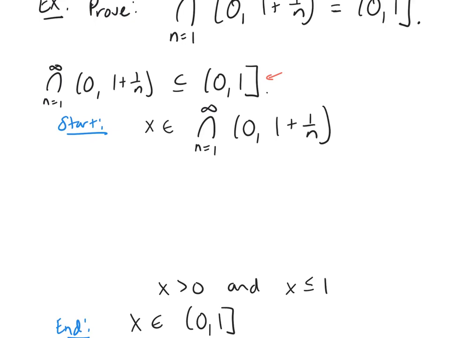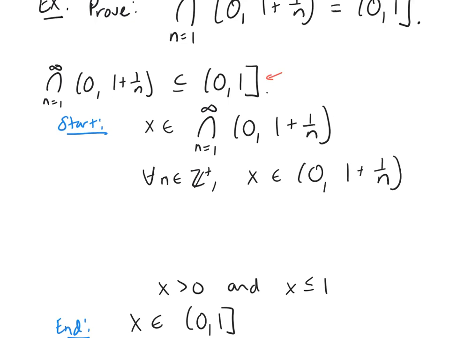I know for every positive integer, x is going to be in this interval (0, 1 plus 1 over n]. If it's in the intersection, it's in every one of those sets.